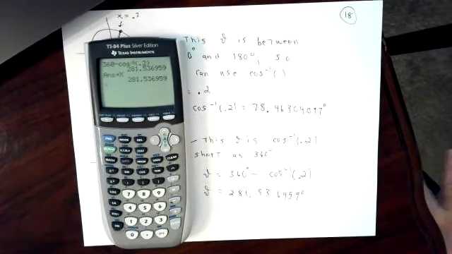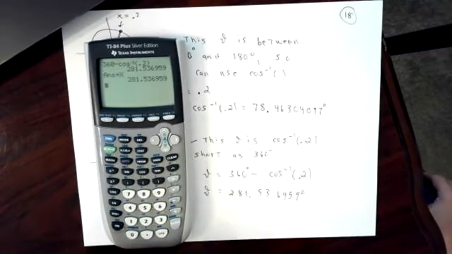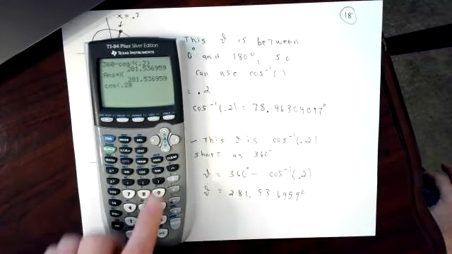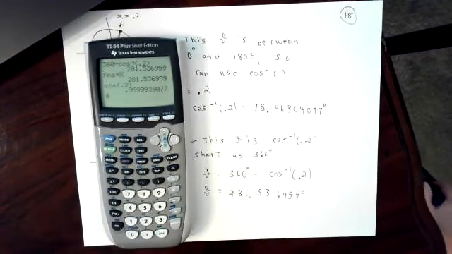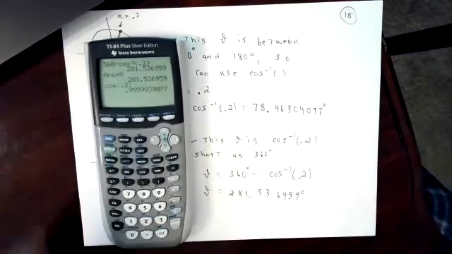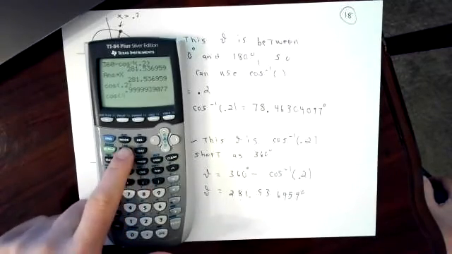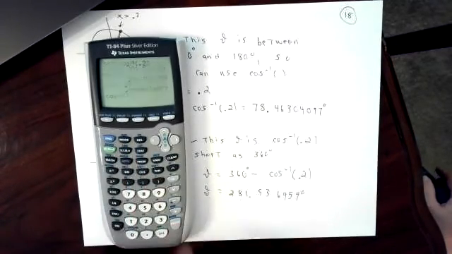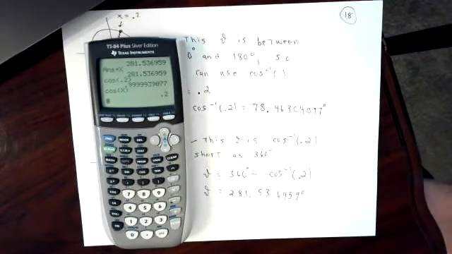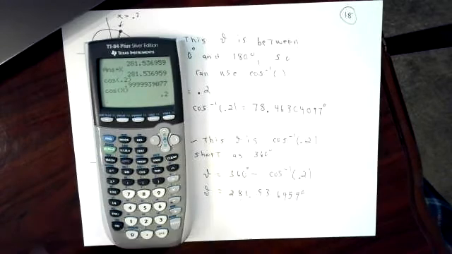Allegedly, cosine of that angle is 0.2. Oh, excuse me. Cosine of that angle is 0.2. This was an obvious insufficient caffeine moment there. But anyway, the cosine of 281.536959 degrees does work out to be 0.2, as it should.